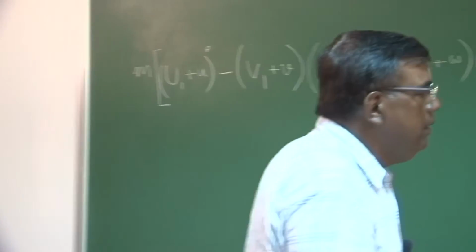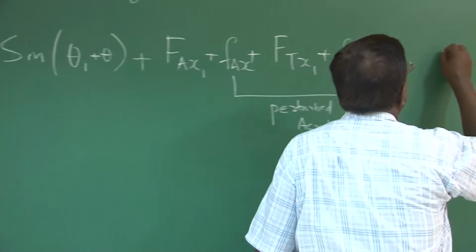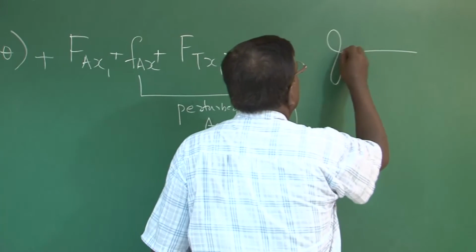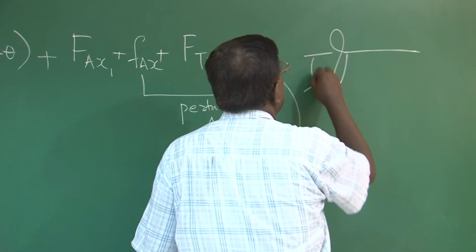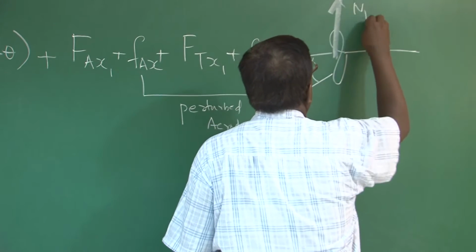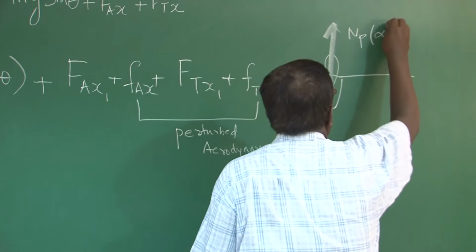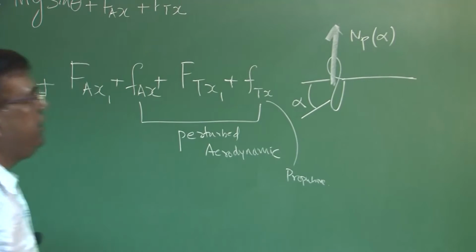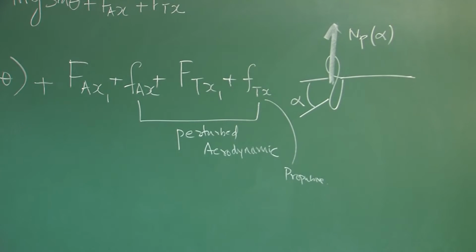Right? For example, if I see this is the propeller and suddenly there is a change in angle of attack alpha, you could expect a normal force will be generated in the propeller, which will have effect in force as well as in moment. So these are all perturbed.